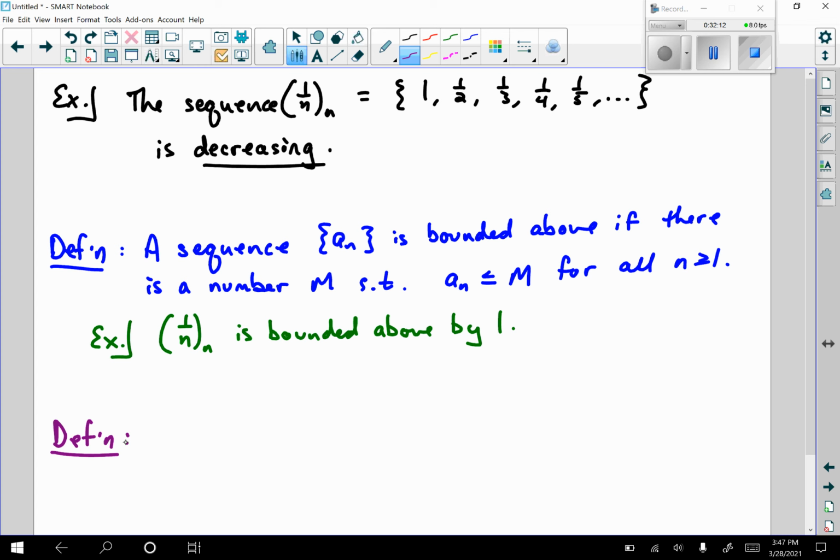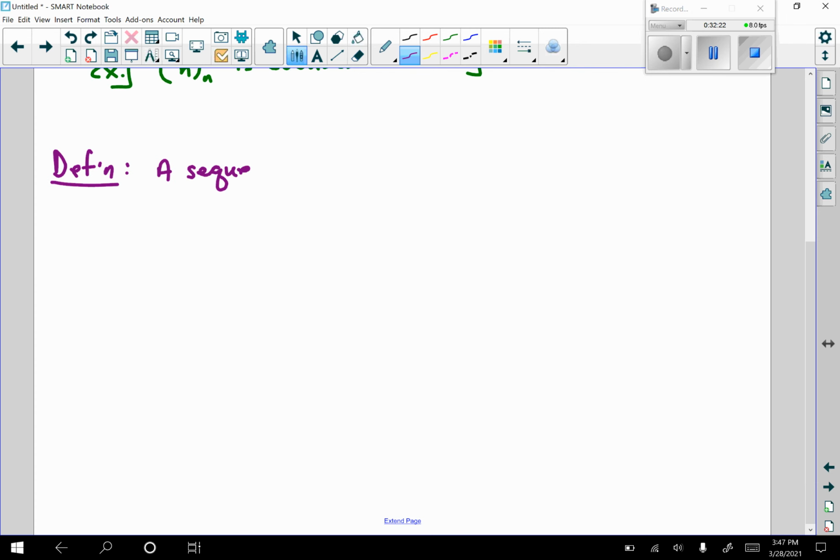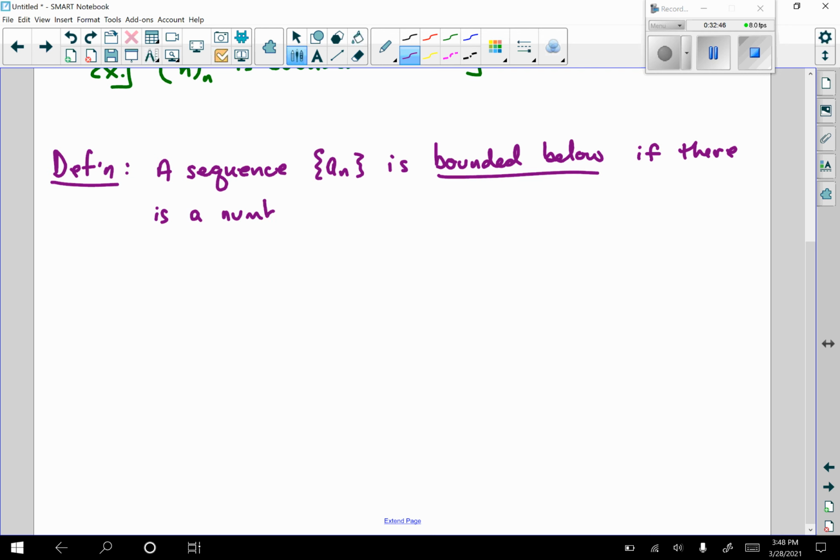A sequence is bounded below if there's a number we'll call lowercase m such that a sub n is greater than or equal to m for all n greater than or equal to 1.